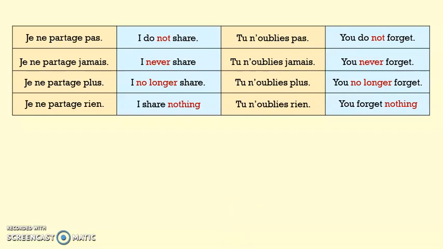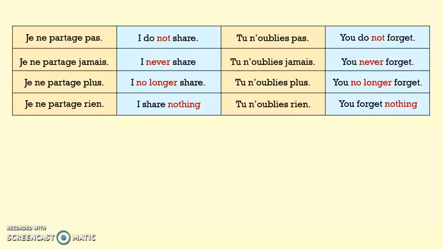Je ne partage jamais, I never share. Je ne partage plus, I no longer share. And je ne partage rien, I share nothing. Tu n'oublies pas, you do not forget. Tu n'oublies jamais, you never forget. Tu n'oublies plus, you no longer forget. And tu n'oublies rien, you forget nothing. Oh, and wouldn't that be a convenient talent to have?